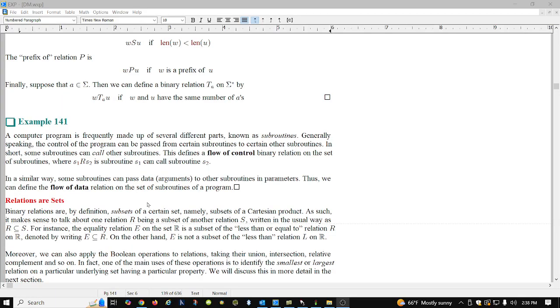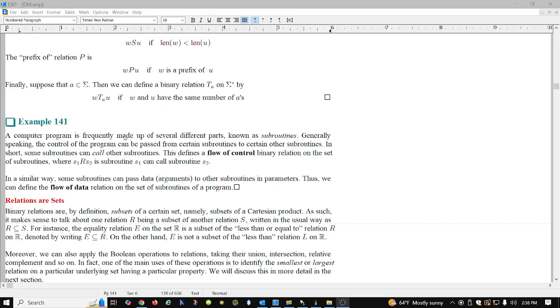Relations appear in computer science quite often. Here's a simple example. A computer program is generally made up of several components called subroutines. They can be procedures, they can be functions. Generally speaking, the control of a program, the execution of a program, can be passed from certain subroutines to certain other subroutines.